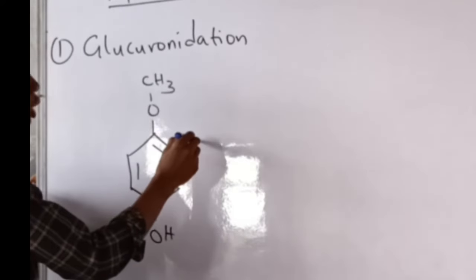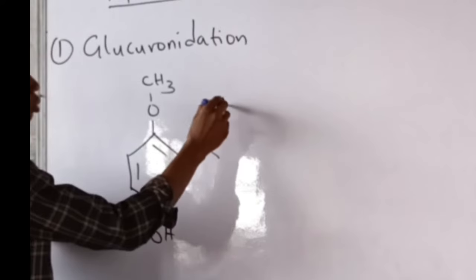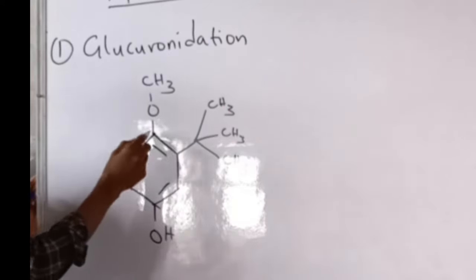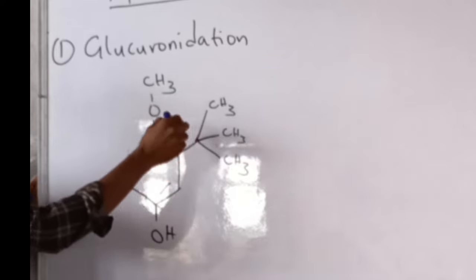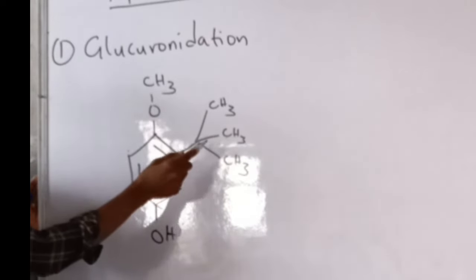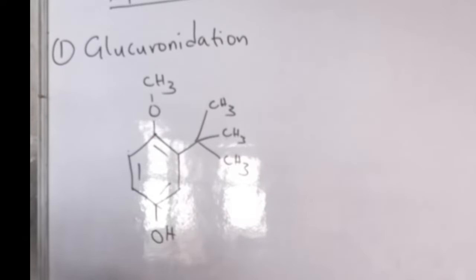The butyl group is a tertiary butyl group. Para, 1, 2, 3, 4. That is how it is. Alright, so this is a butyl group, 1, 2, 3, 4 carbon. But it's a tertiary butyl group. Now, this is the structure of your butylated hydroxy anisole.